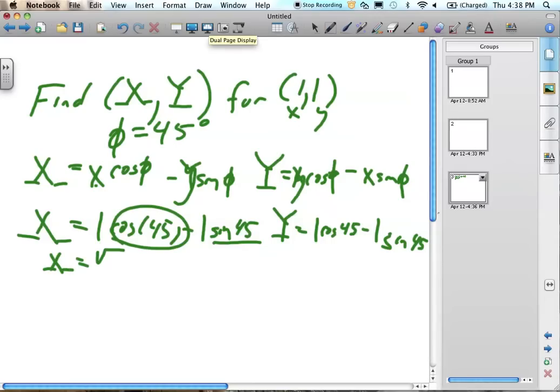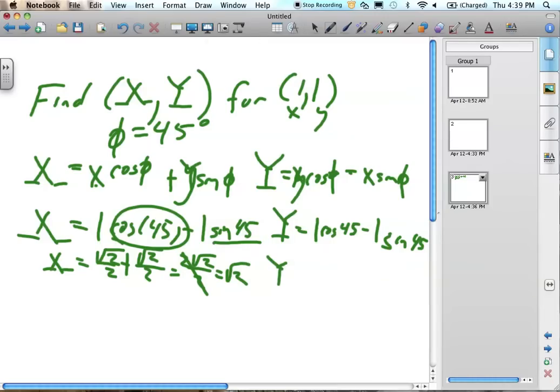So X is going to be equal to square root of 2 over 2 plus the square root of 2 over 2. That gets me 2 square roots of 2 over 2, which is the square root of 2.